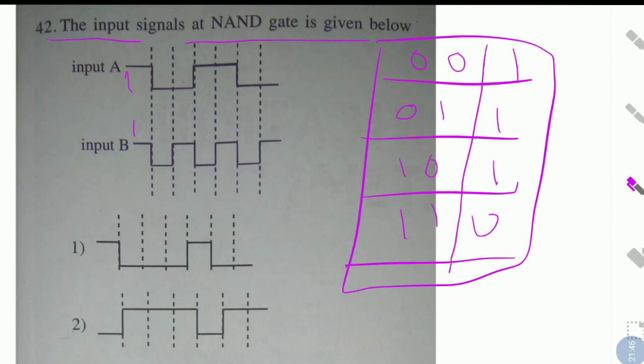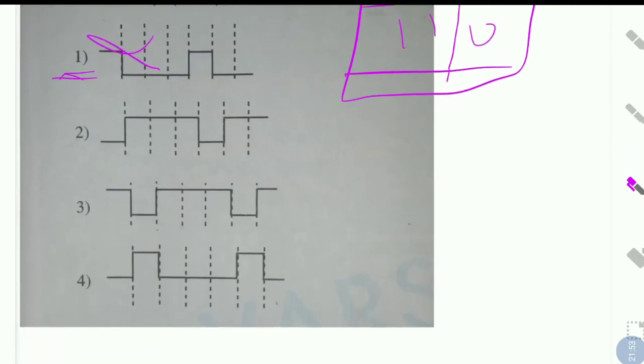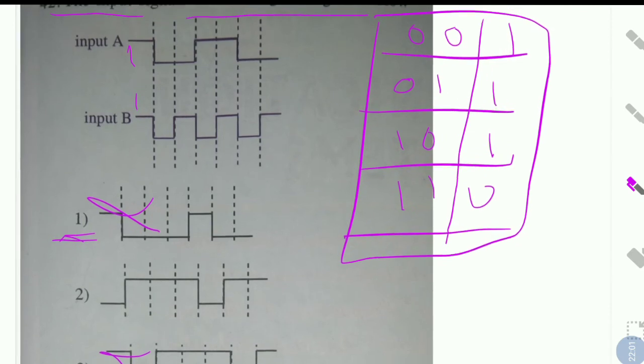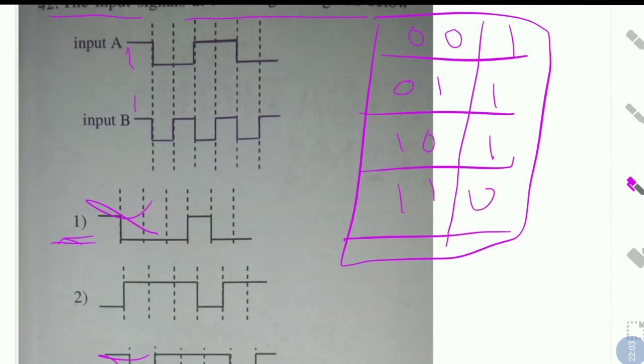This first option is output is 1, so this is wrong. This is also positive peak means 1. Our option is between 2 and 4. Next one 0 0 again 1. So this is 0 1 right.